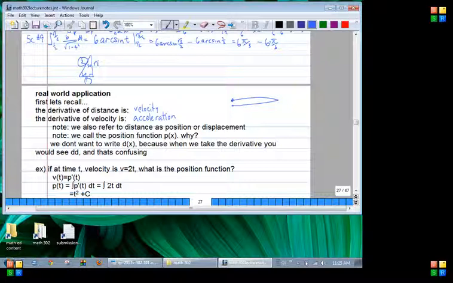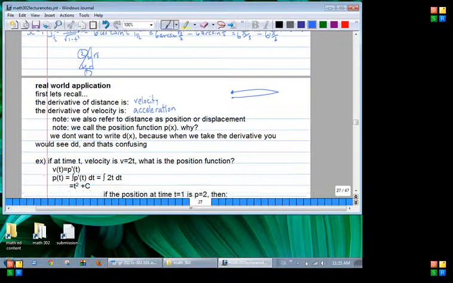So what if I wanted not just the general position function, but the full complete position function? What do we need here? We need an initial condition. So there you go. At time t equals 1, the position is 2. Let's say 1 second and 2 meters. Then what's the position function?